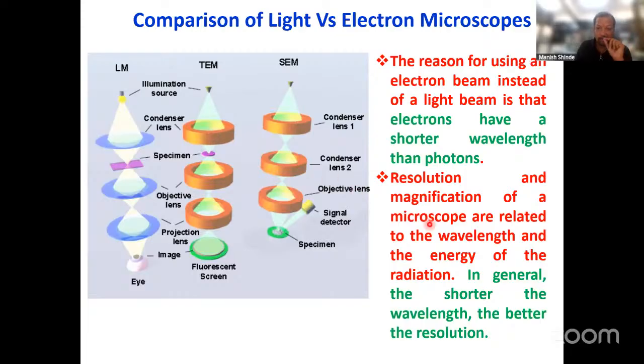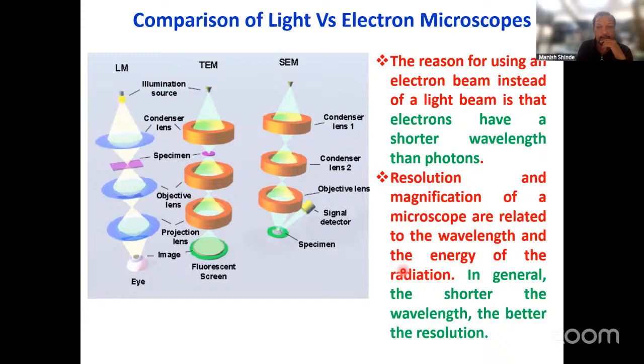As I told you, as compared to the light microscopes, the resolution of electron microscopes is very good. So because of that, you get very good quality images. And why is it so? Because of the wavelength. The wavelength of the light microscope is 400 to 800 nanometer, right? In general, if the wavelength is shorter, you get better resolution.